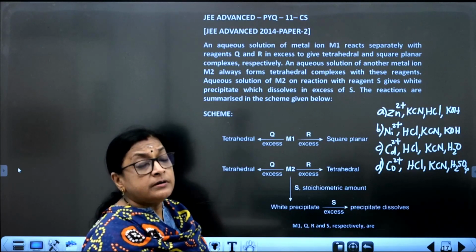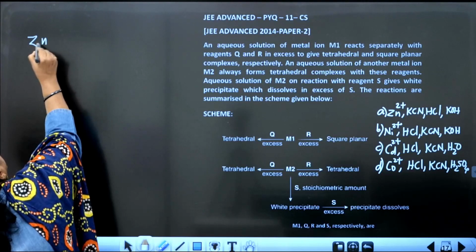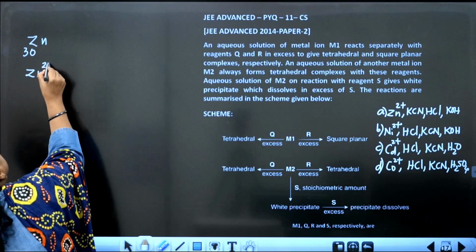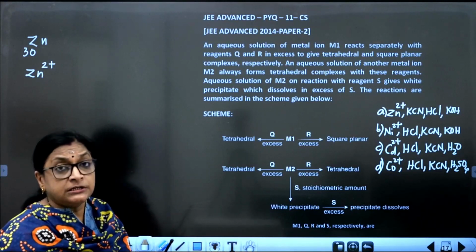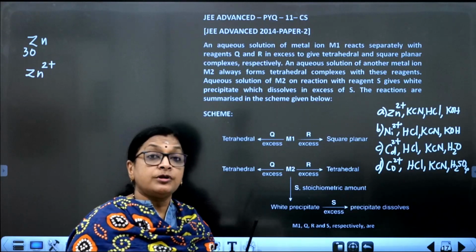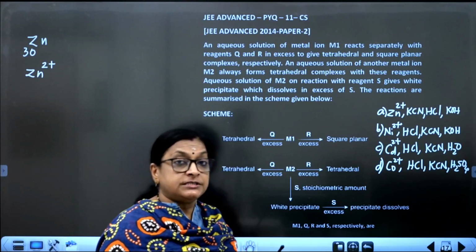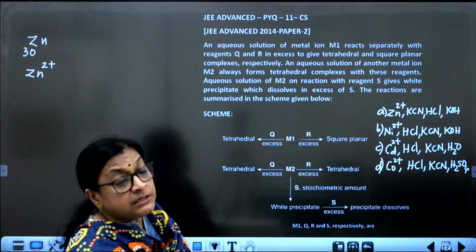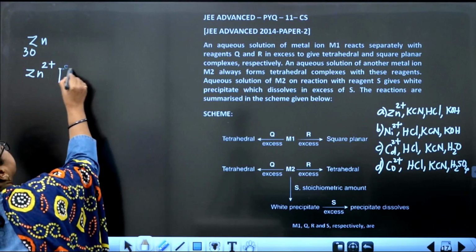Zinc ion, we know for zinc, atomic number 30, the outermost valence configuration is 4s2 3d10, and when it is zinc ion Zn2+, it is 4s0 and 3d10.